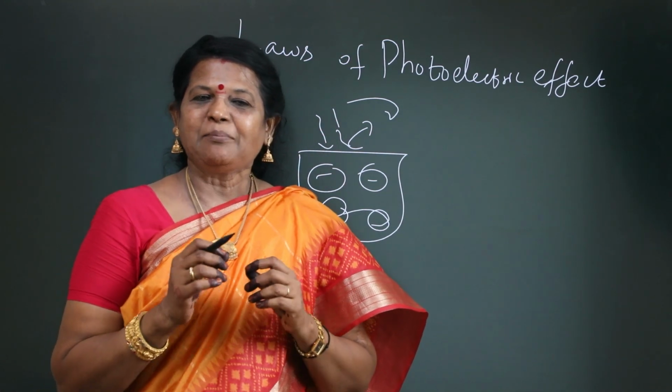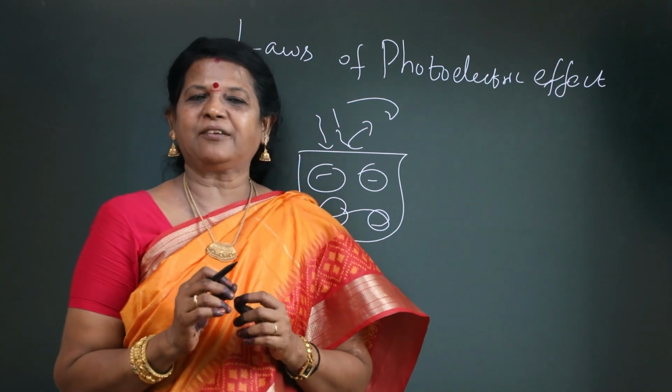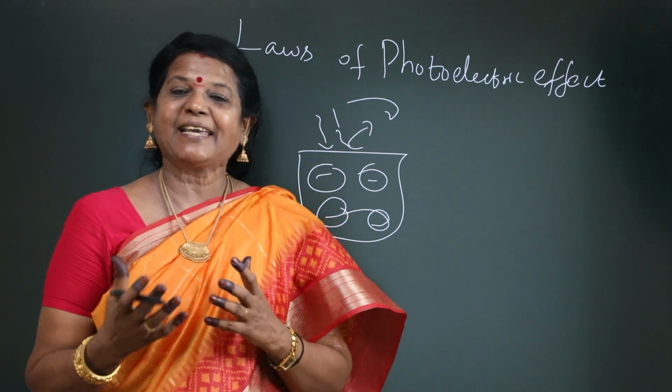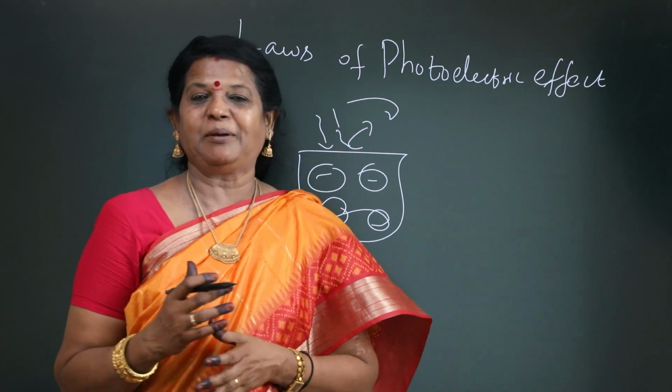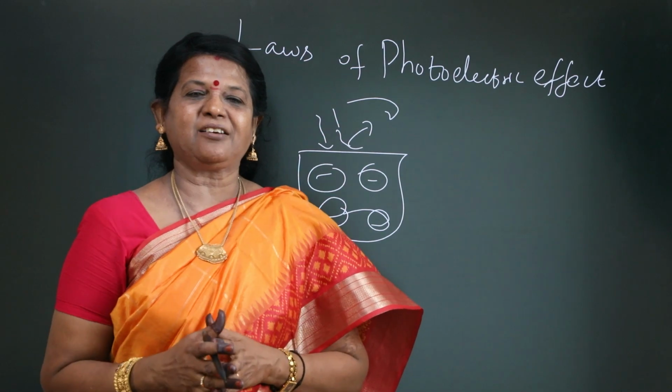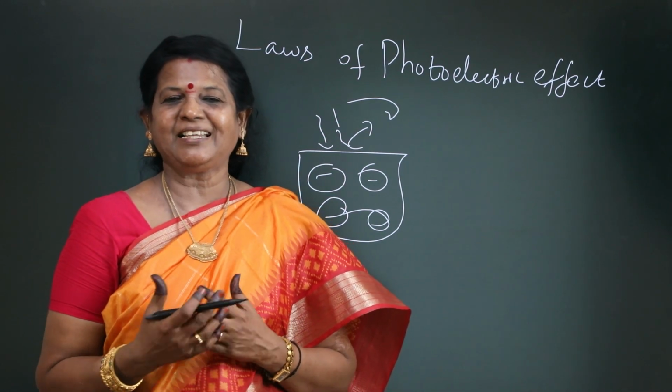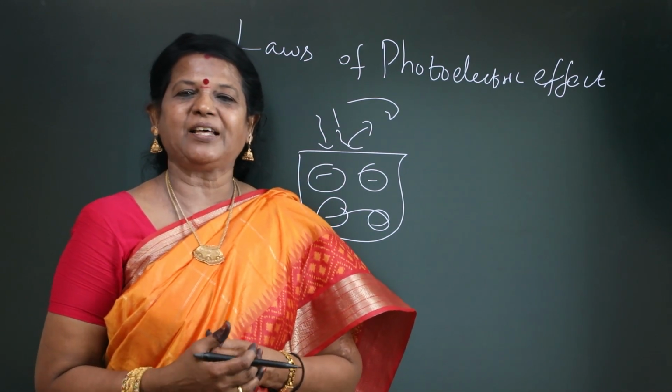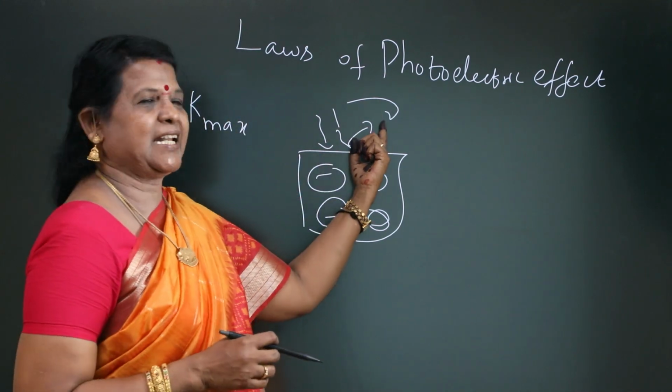That is, for a given metal, because K max differs for different metals. Depending upon the metal characteristics, the maximum kinetic energy of the photoelectrons differs, but it is directly proportional to the frequency of the incident light.